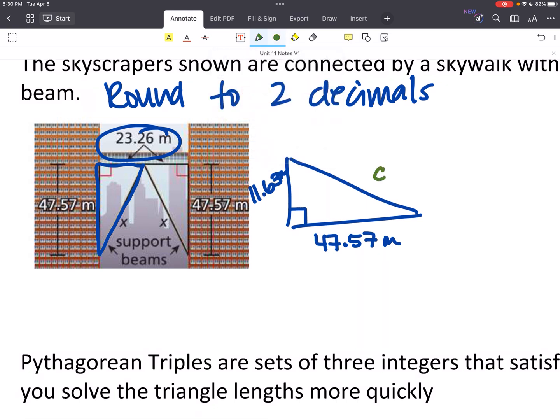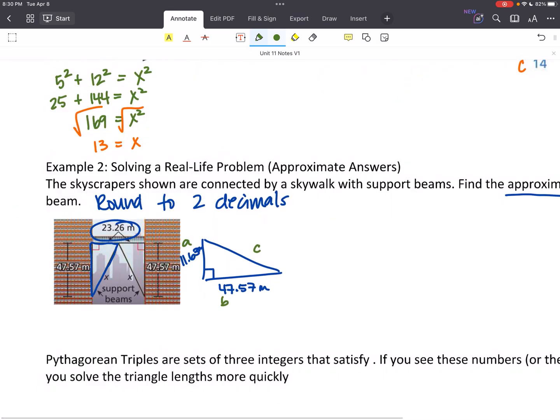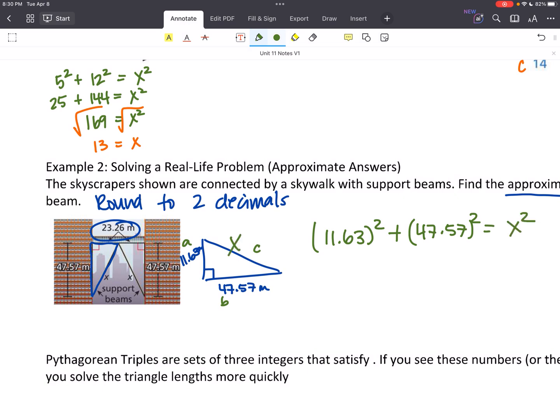So this is our C, it doesn't matter which one is A and B. So we have 11.63 squared plus 47.57 squared is equal to x squared, because c is our unknown, our x.